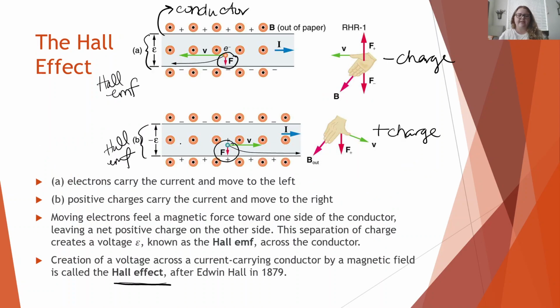So remember that it's the creation of voltage due to a magnetic field through a conductor. Basically, understand this portion here and that separation of charge. This separation of charge creates some voltage called the Hall EMF. Those are the two main points that I want you to understand about this Hall effect.